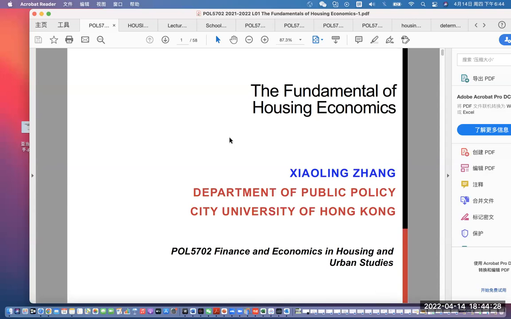Do we still need the lockdown browser if this is open book? Let's try to follow the regulations from the university. For me, it's better if you follow the regulations.